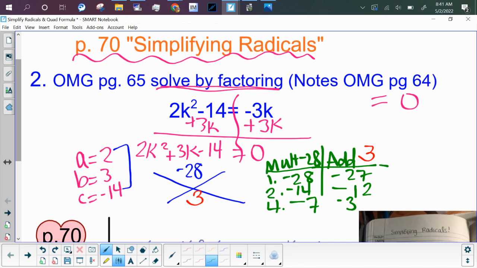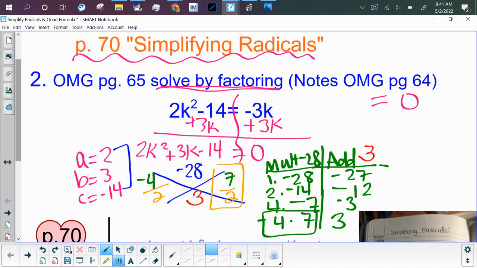Ooh, that makes negative 3, so I must just have to do its bestie, which is negative 4 and positive 7, which gives me positive 3, winner, winner, chicken dinner. So I got negative 4 and I got positive 7. And remember, I always divide these by A. So my A is 2, my A is 2. That guy can't simplify, but this one becomes negative 2.